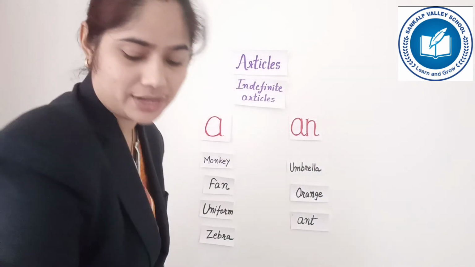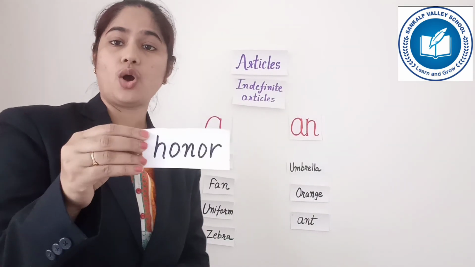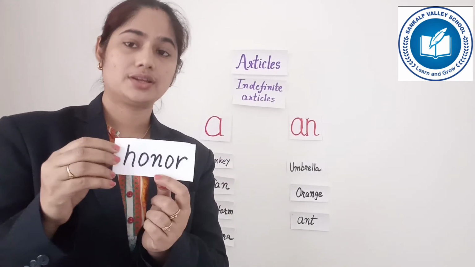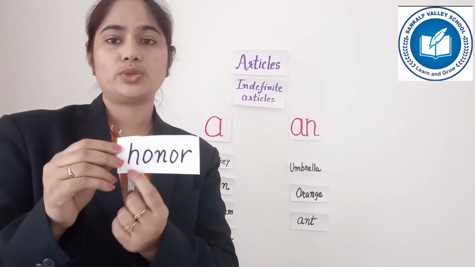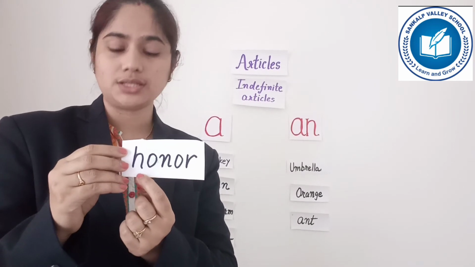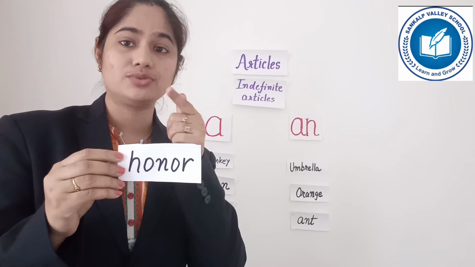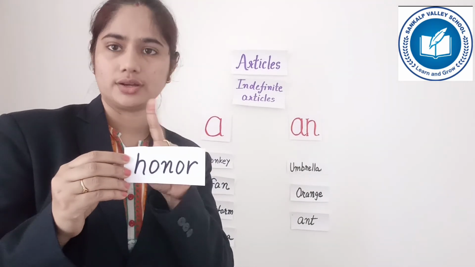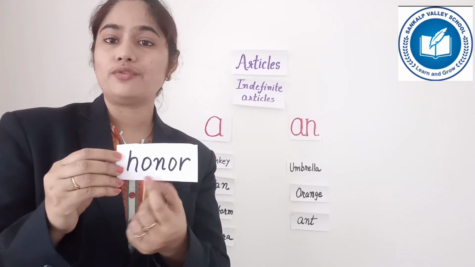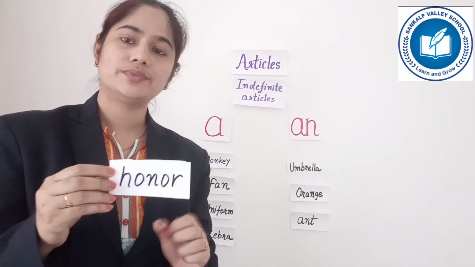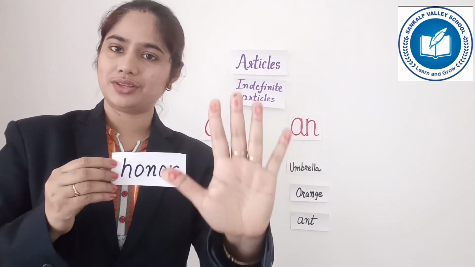Now next one I have is honor. Now listen to this carefully. Though it starts with H, the H is silent here. We always pronounce it as honor, beginning with the sound of O. Is the vowel sound here? Yes.